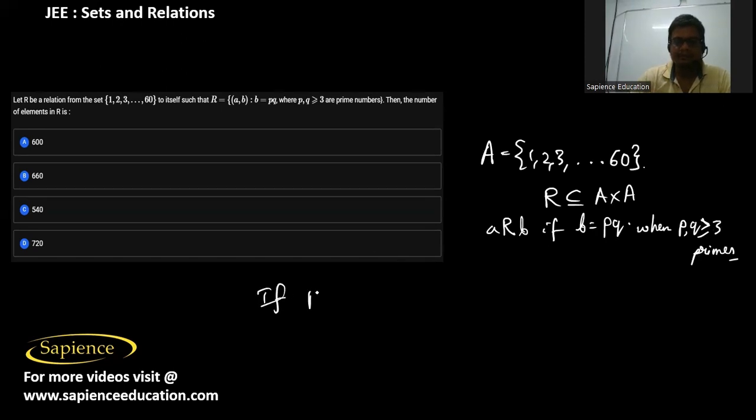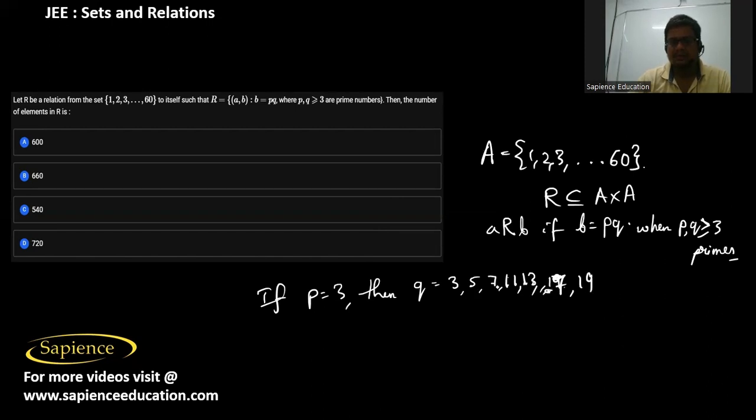So now if we take P as 3, then Q can be 3, 5, 7 till 19. So it will be 3, 5, 7, 11, 13, 17, and 19.